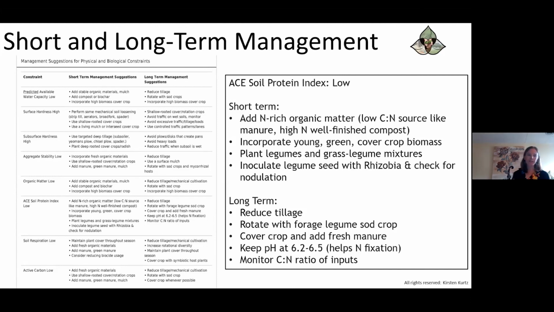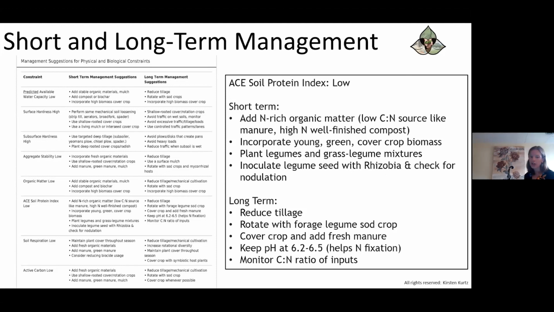Just briefly to work through these concepts, we know our soil protein is directly tied to bioavailable nitrogen. So in the short-term suggestions, we see adding nitrogen-rich organic matter. This would be a nice compost, maybe a composted manure. We've got some suggestions with cover crops.